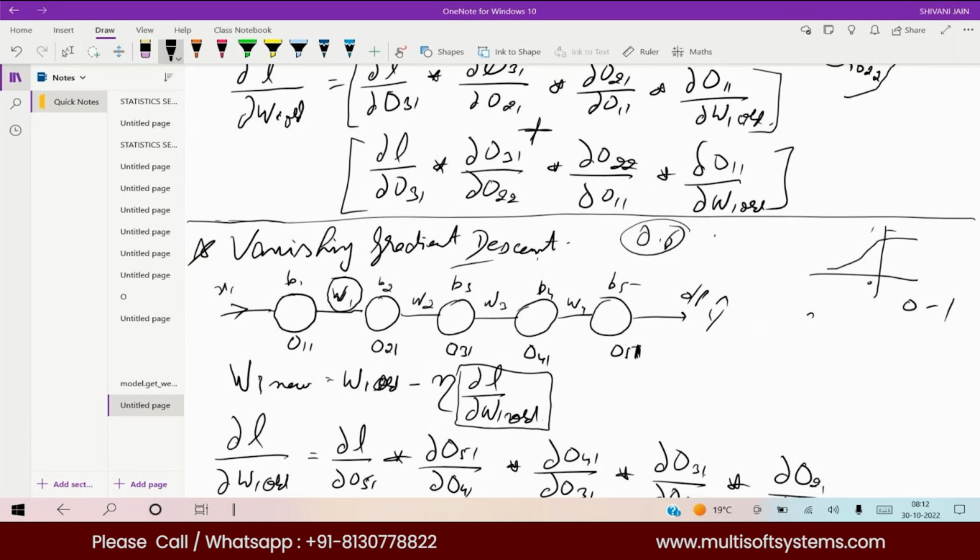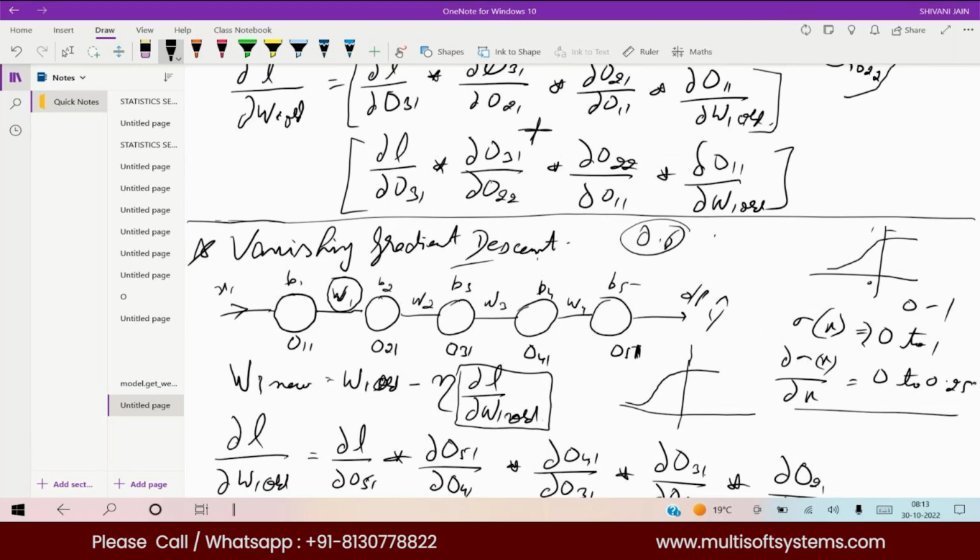Let's suppose this is your sigmoid function. The value is 0 to 1, and the derivative of the sigmoid function will be between 0 to 0.25. This is the chart of your sigmoid function, where the value is 0 to 1, and for the derivative, the value will be 0 to 0.25. Maximum value will be 0.25.